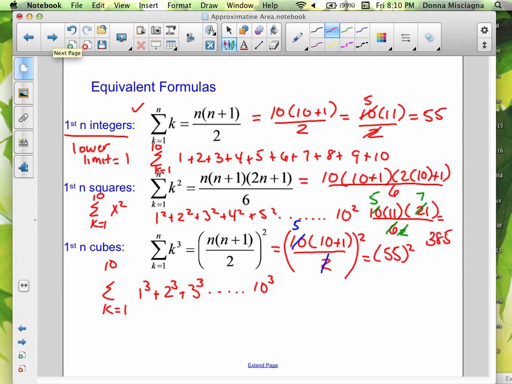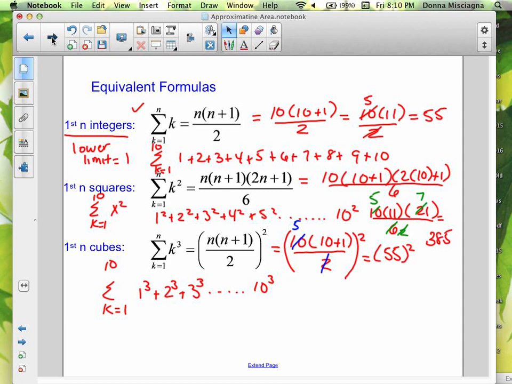I don't have a calculator anywhere near me. My microphone only stretches so far. So you can calculate that sum by taking 55 squared. But notice how that was hardly any work at all as compared to having to add up the first 10 cubes. So these are just some nice formulas. They're provided in your notes for you, and they're just some shortcuts. Okay?